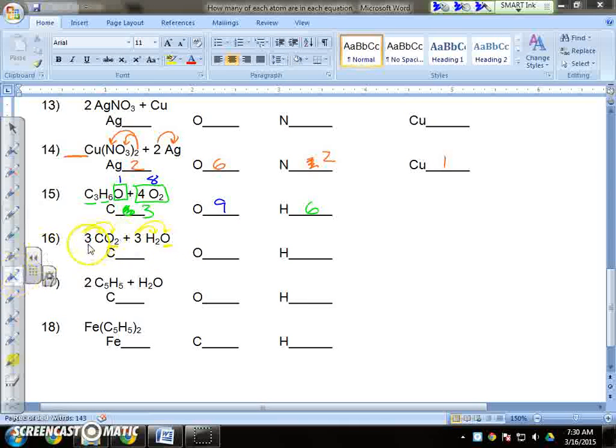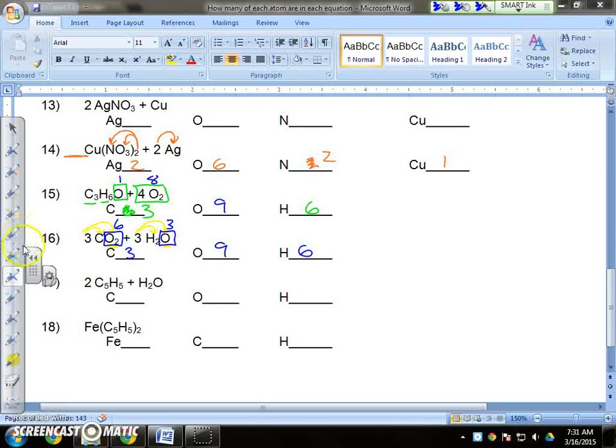So start this off. 3 C's, 3, plus my 3 H2s, 3 times 2 gives me 6 of those. And then all we've got to do is figure out the oxygens. 3 O2s gives me 6 of those here, and 3 O's gives me 3 of those here. 6 plus 3 gives me 9 oxygens.